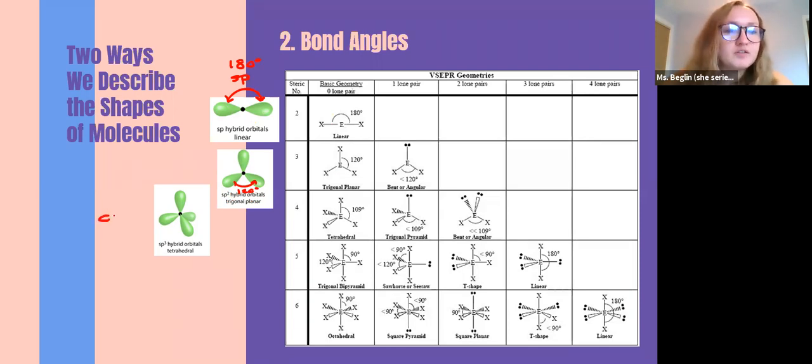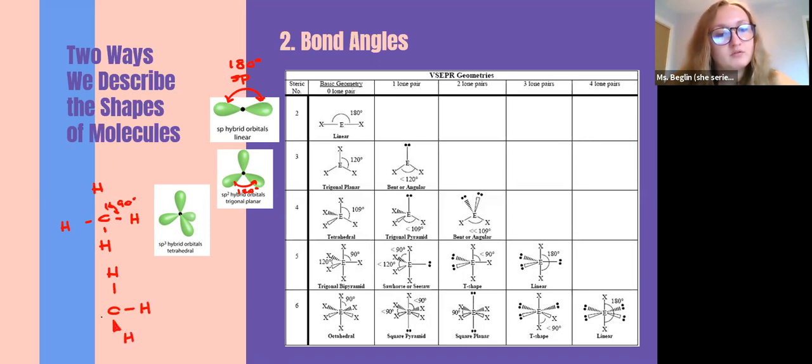Now, tetrahedral is where things get a little weird because our Lewis structure for a tetrahedral molecule would imply that the bond angles are 90 degrees. But remember, molecules exist in 3-dimensional space. So we have our carbon with a hydrogen on top, 1 to the side, and then 1 moves forward and 1 is backwards.